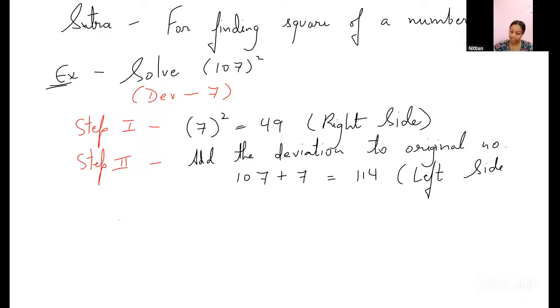This sutra is very simple. And the final step, we put them together for the final answer.